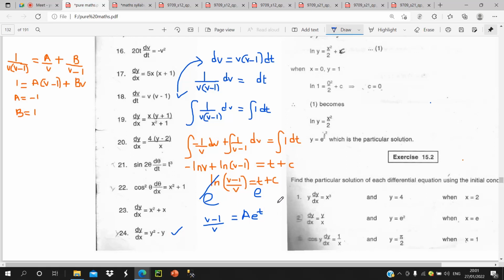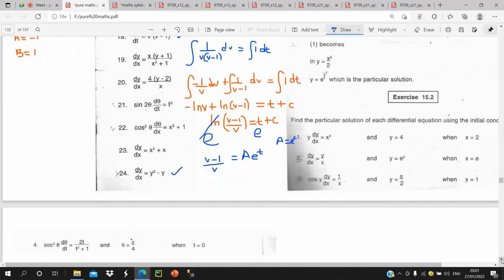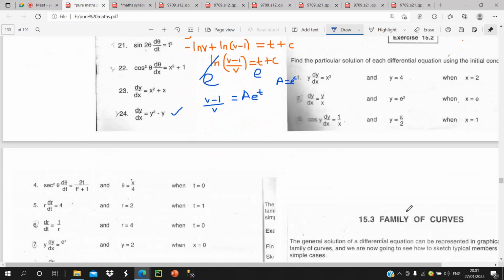Yes. Where I said a is equal to what? A to the power of c, right? Yes. So if you want to make v the subject, after this we cross multiply, right? Yes. And we have a v e to the power of t.